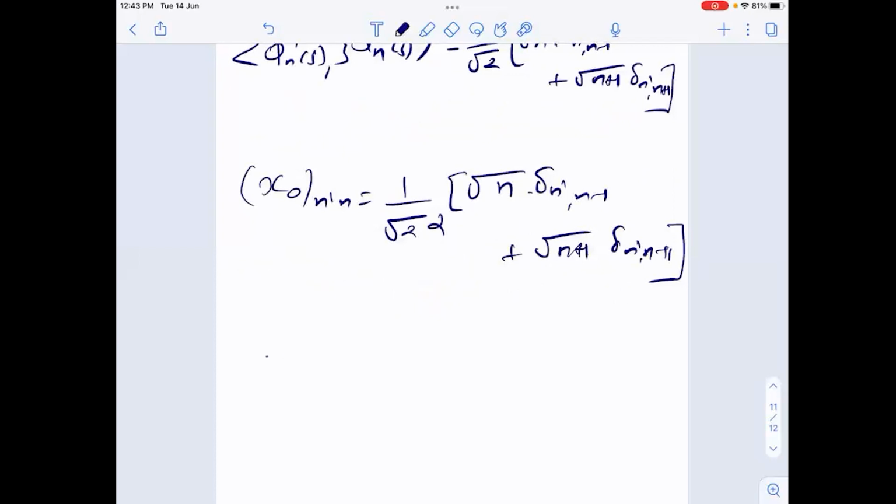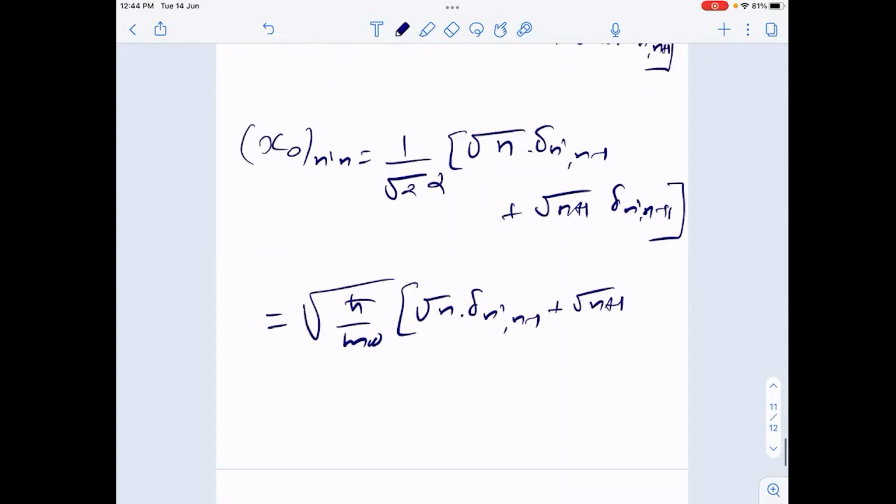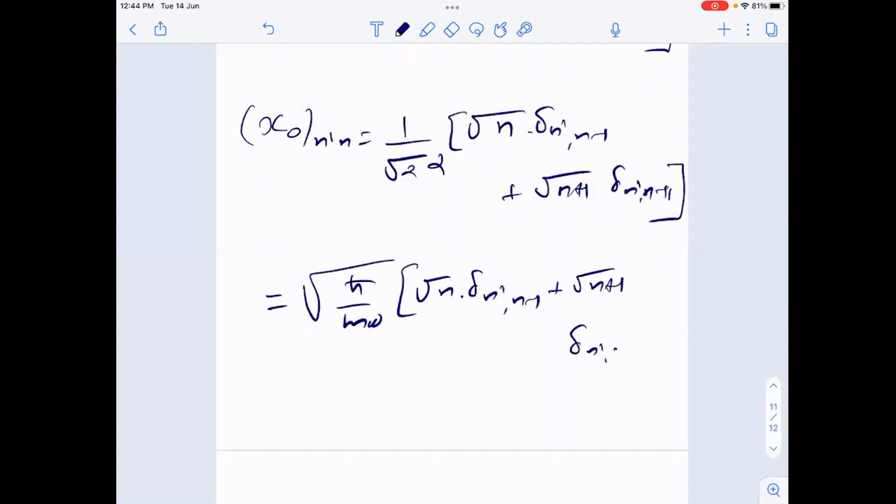Okay, so this is alpha. We know what it is? M omega upon alpha square is m omega upon h cut square. So it will be under root h cut upon m omega, under root n delta n dash n minus 1 plus under root n plus 1 delta n dash n plus 1.